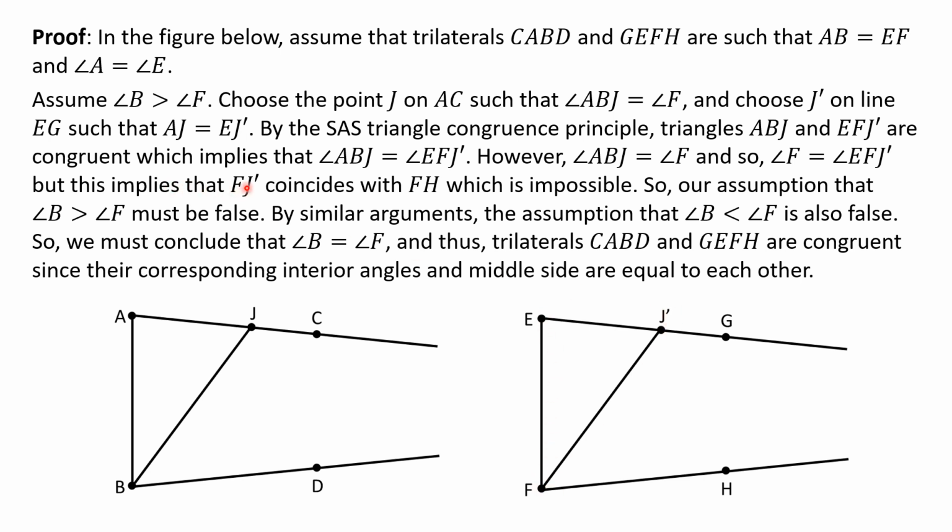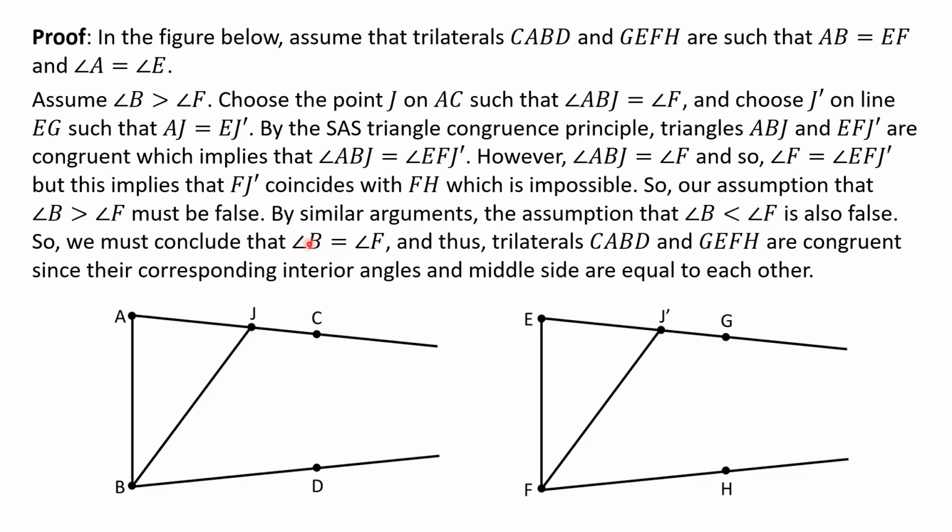But that implies that FJ coincides with FH, but that can't be since we explicitly put J prime on EG. So we have a contradiction, which means that our assumption, angle of B greater than the angle of F, is false. And if we had assumed B was less than F, we could have derived a similar contradiction.